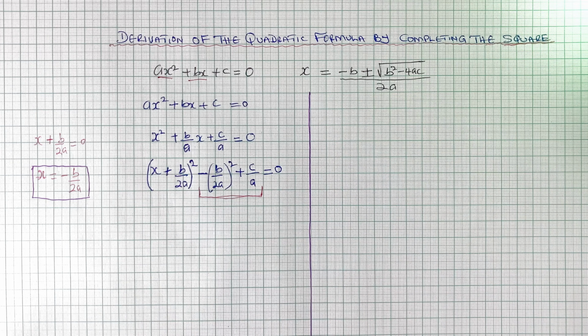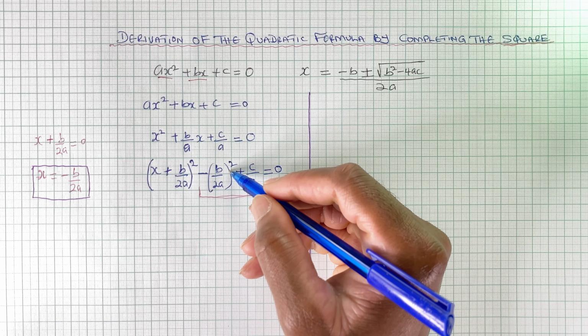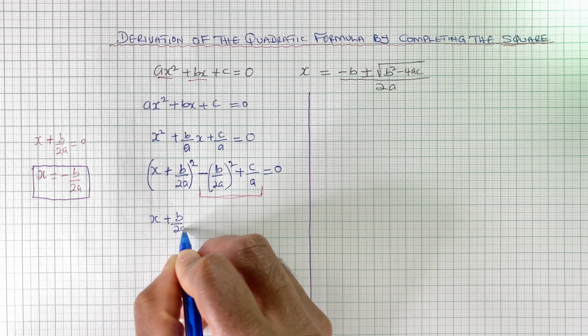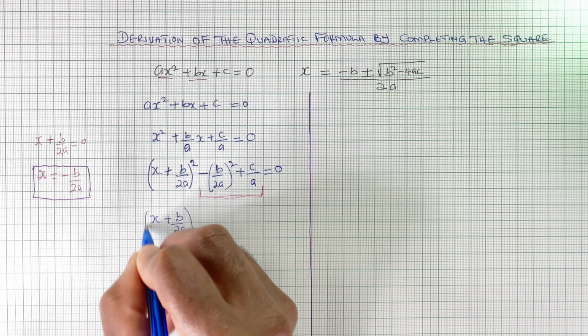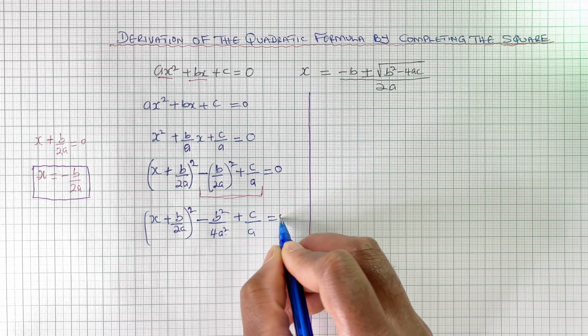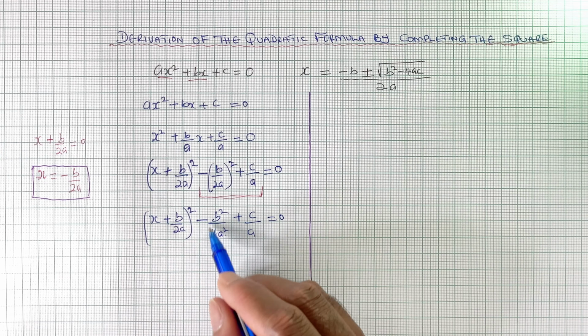So we're trying to make x the subject. From here, what I need to do next is open up this square. So I'm going to have x plus b over 2a squared minus b squared over 4a squared. B squared, 2 squared is 4, a squared is a squared, plus c over a equal to 0. Now I need to make these fractions the same denominator.